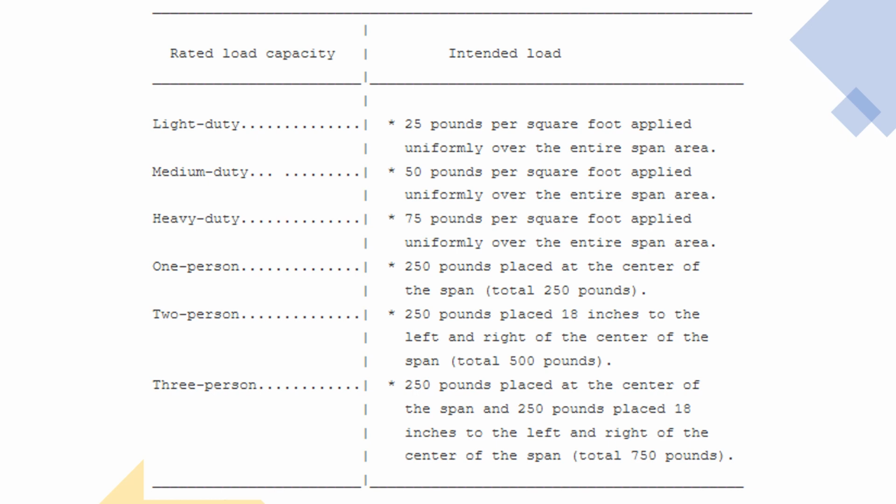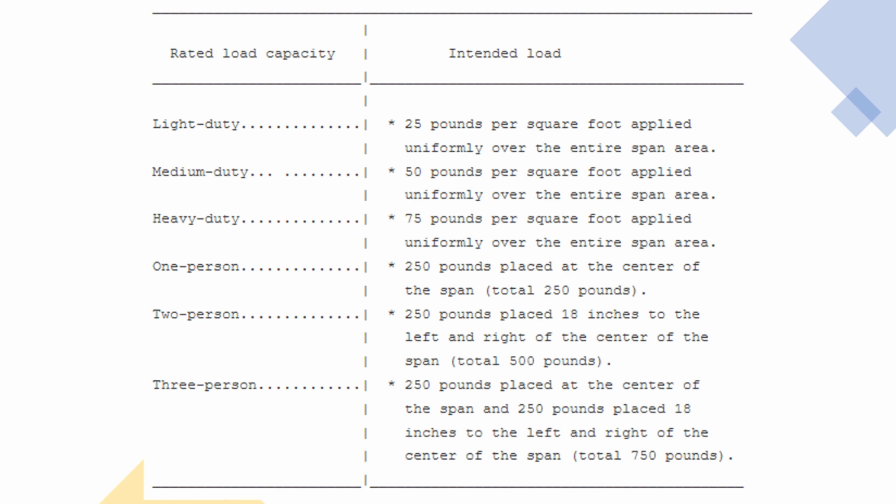When the rated load capacity is 1 person, the intended load is 250 pounds placed at the center of the span, total 250 pounds. When the rated load capacity is 2 person, the intended load is 250 pounds placed 18 inches to the left and right of the center of the span, total 500 pounds. When the rated load capacity is 3 person, the intended load is 250 pounds placed at the center of the span and 250 pounds placed 18 inches to the left and right of the center of the span, total 750 pounds.